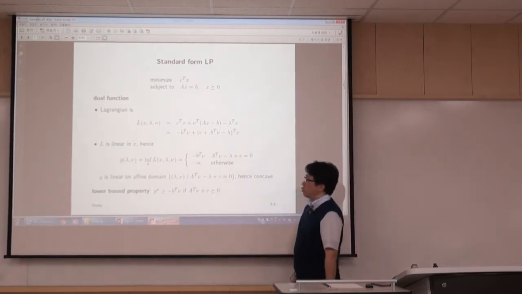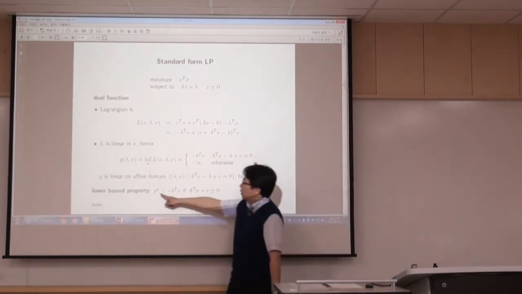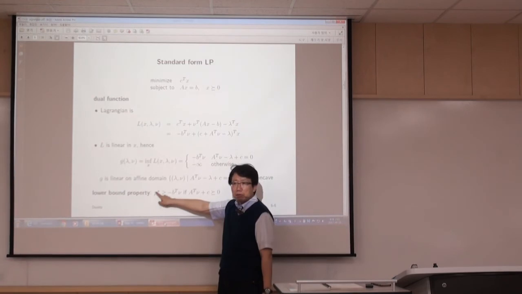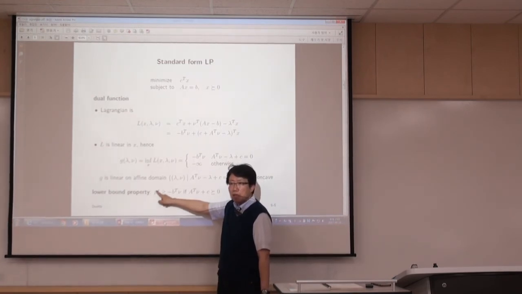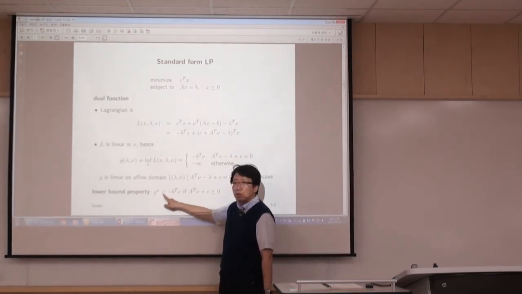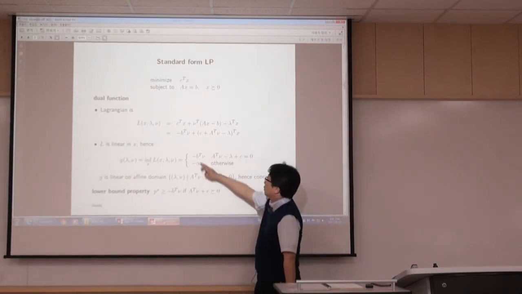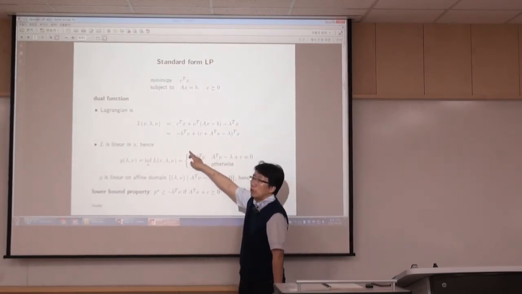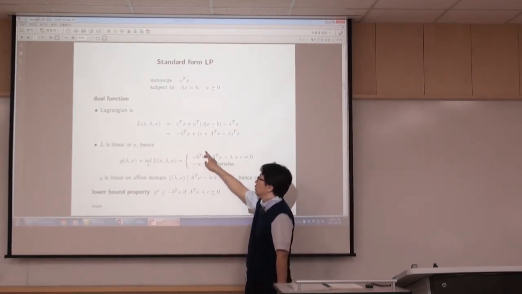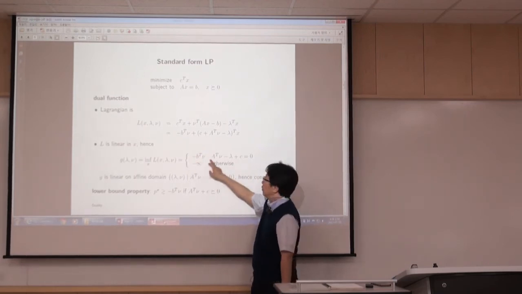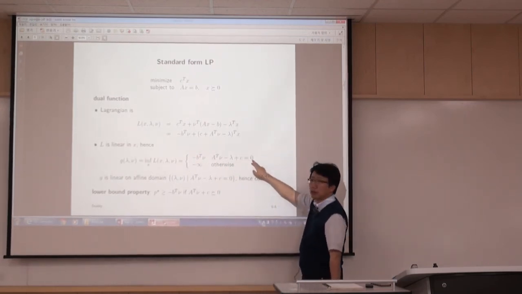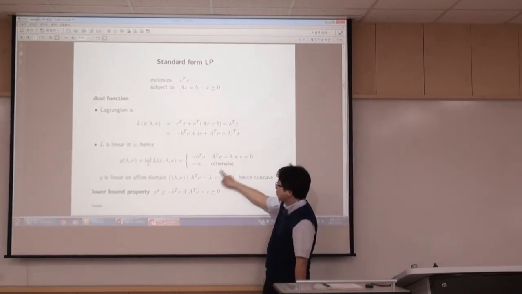Now, what can you say? You say that the primal optimal value P star is lower bounded by this one. When? Under this condition. But you may say that, wait a minute, where is my lambda?